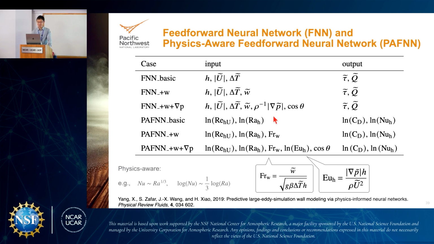So we use Buckingham pi theory to combine them and put them into log scale. So there will be Reynolds number, Rayleigh number, Froude number, and Euler number. And cosine theta is already dimensionless. This theta is the angle between pressure gradient force and horizontal velocity. And the output is the drag coefficient and Nusselt number.